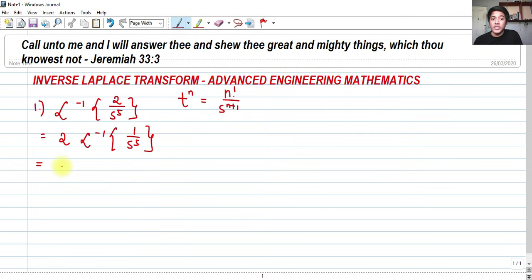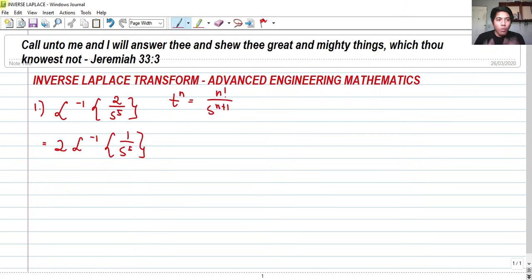What we must do is multiply this function by 4 factorial over 4 factorial. By doing that, we are simply multiplying the whole function by 1, which would not affect our Laplace transform.